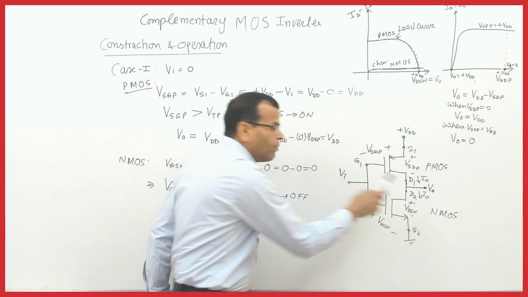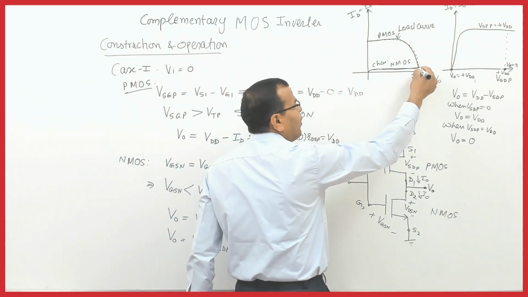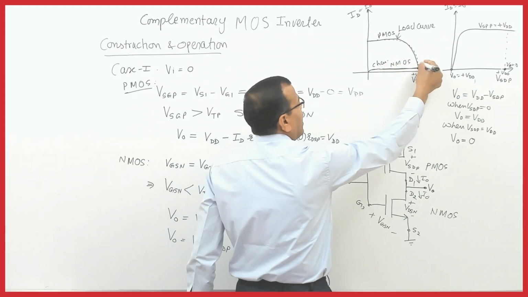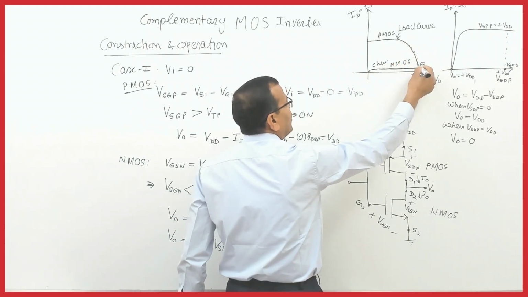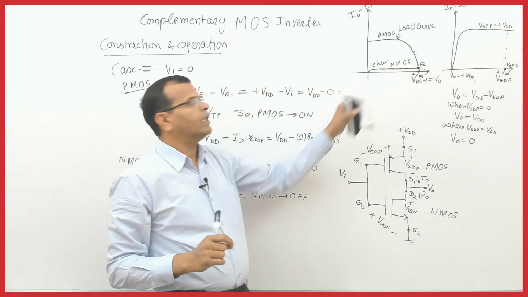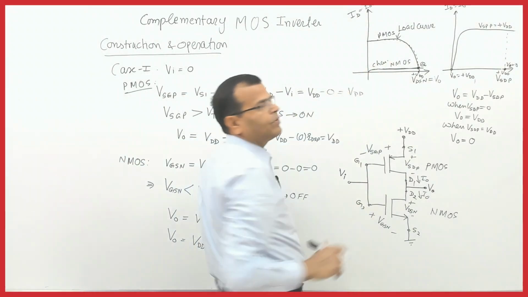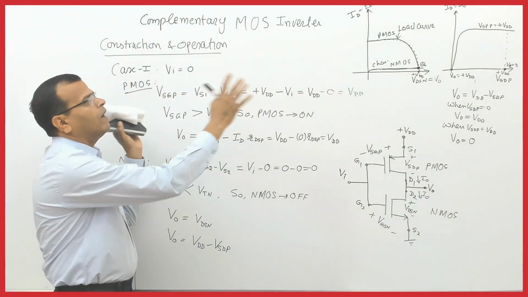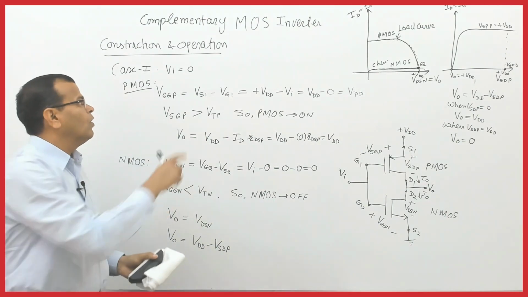Drain current is common for both PMOS and NMOS, and that is the only point where current is same for PMOS as well as NMOS. This point of intersection of load curve of PMOS and characteristic of NMOS is known as Q point of CMOS. So this is nothing but I0 V0 characteristic when input voltage is 0. That is how you have the output characteristic drawn for CMOS when input is 0.